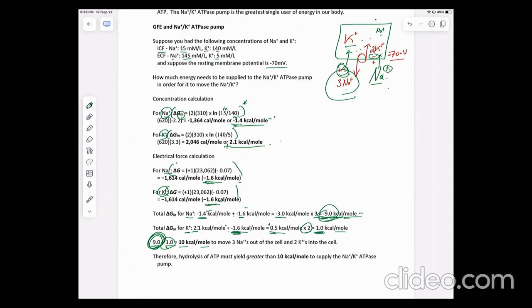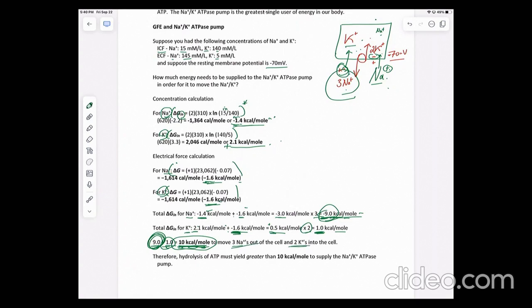And so I simply then add the 9 and the 1, and I get 10 kilocalories per mole, okay, that I'm going to need to move 3 sodiums out and 2 potassiums in. Now, going back into what I said earlier, that's my reference number there. I need more than that if I'm going to drive this pump, okay? So 10 is my base. I need to exceed 10 kilocalories per mole in order to move 3 sodiums out and 2 potassiums in.